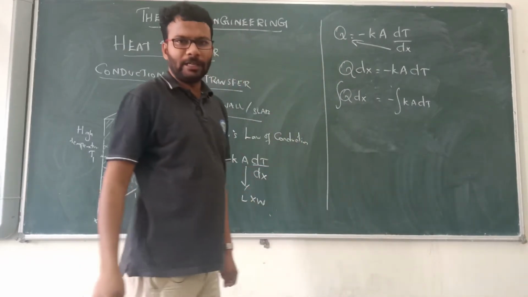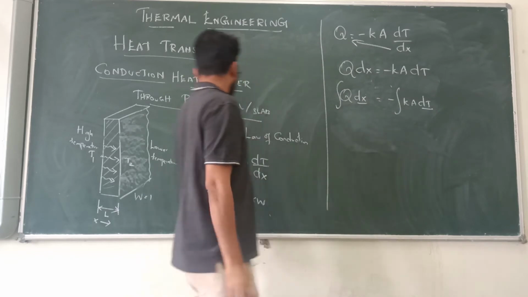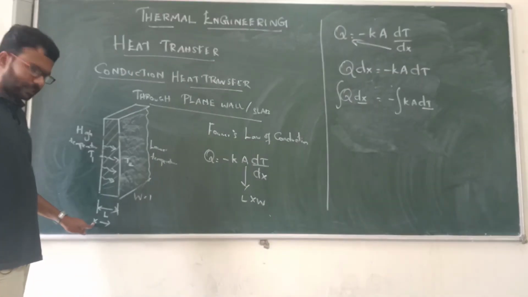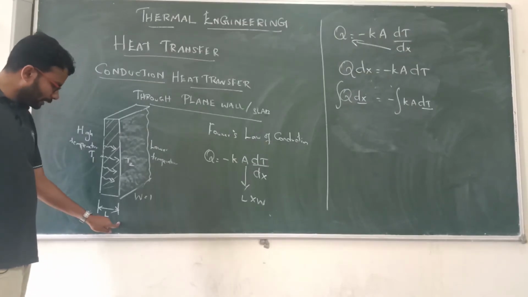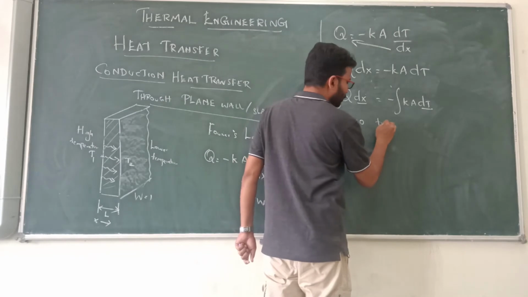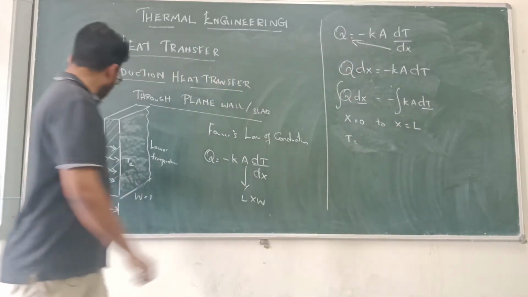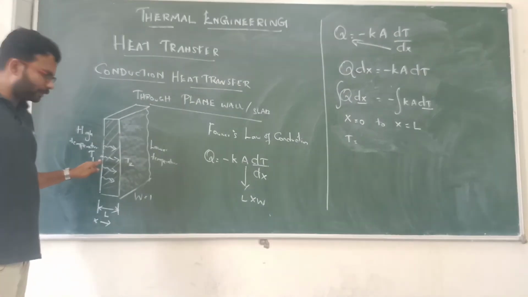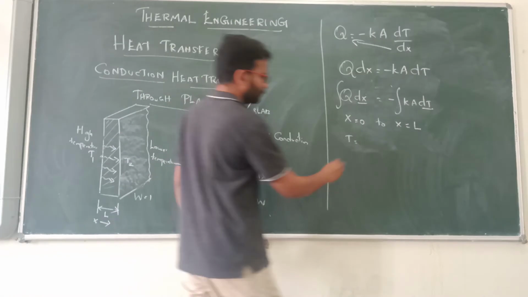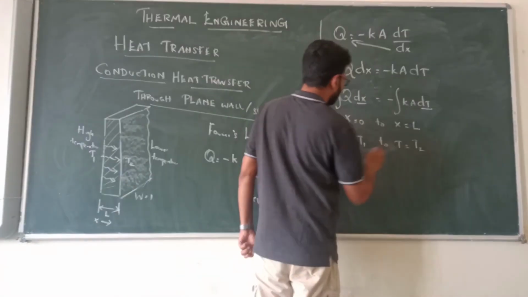Now we substitute the boundary values. For x, this end is 0 and the other end is L, so x goes from 0 to L. For temperature, this end is T1, the high temperature, and the other end is T2, the low temperature, so T goes from T1 to T2.